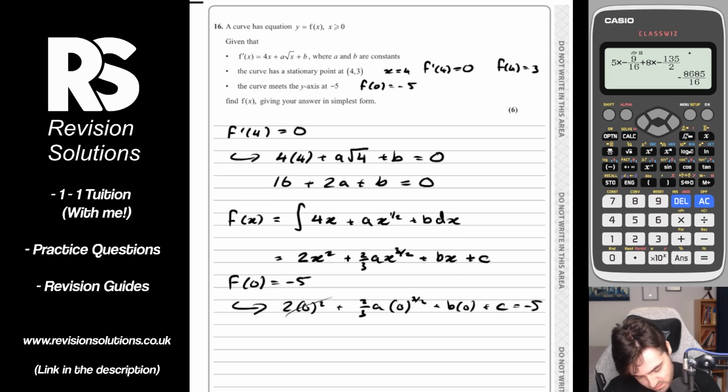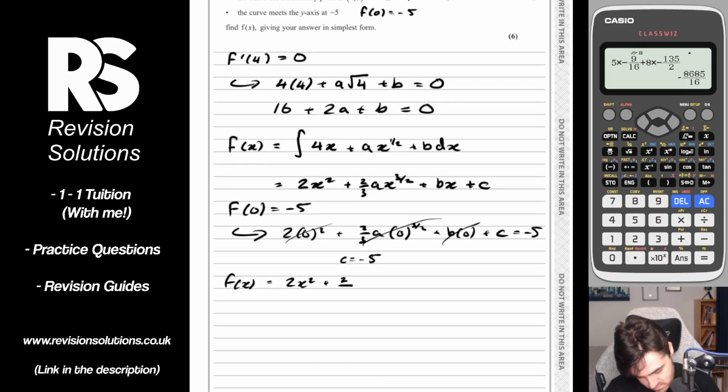And then all this just goes because it's just 0. So we have c equals minus 5, meaning that f of x now is 2x squared plus 2/3 of ax to the 3 over 2 plus bx minus 5.